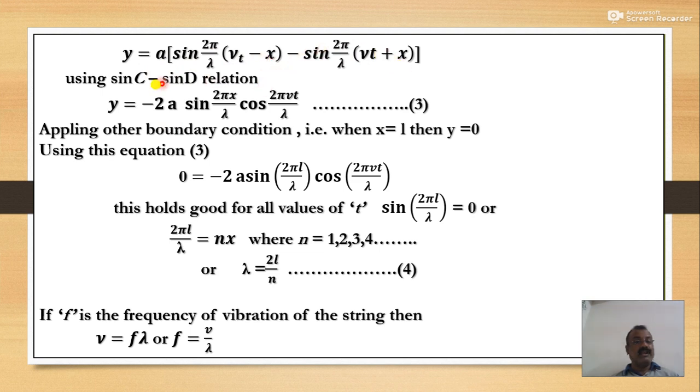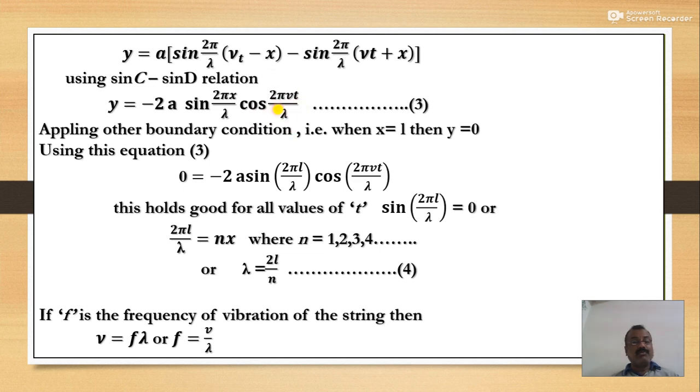Using the relation sin C minus sin D, we can modify this equation as y is equal to minus 2a sin 2 pi x by lambda cos 2 pi vt by lambda.